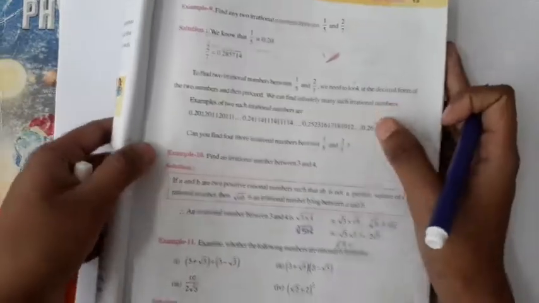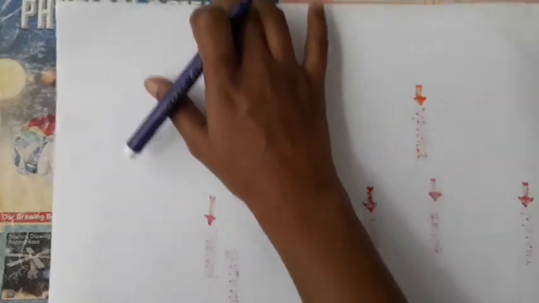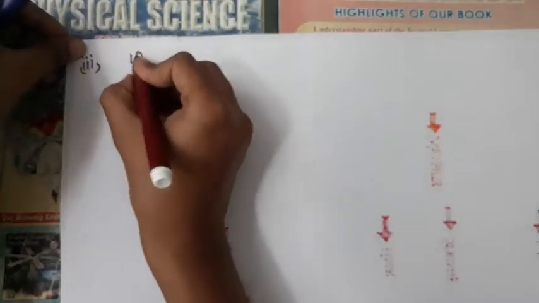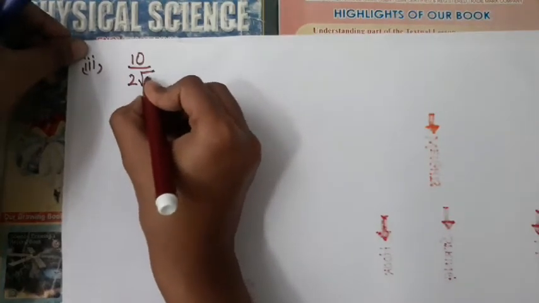See here. Now third question, 10 by 2 root 5. Okay now see here, I'll write the question. Third one, 10 by 2 root 5.